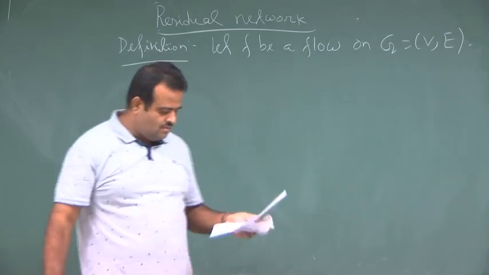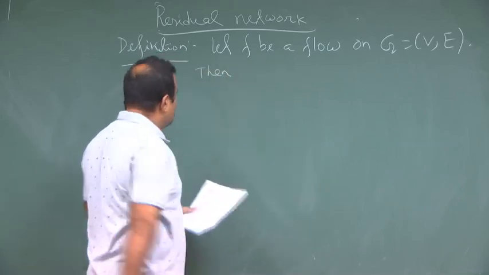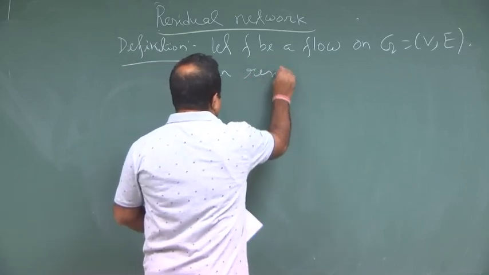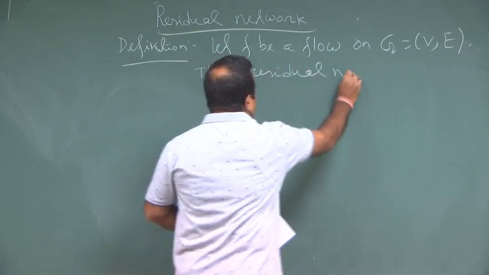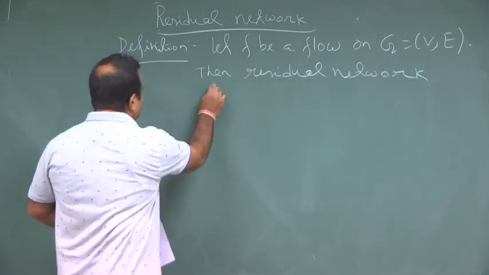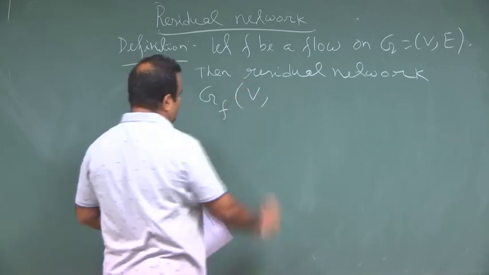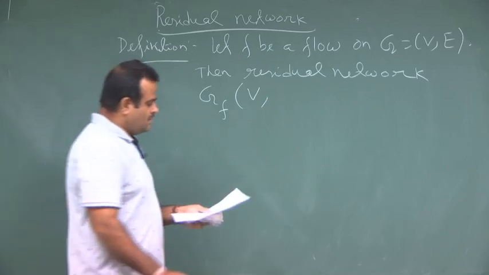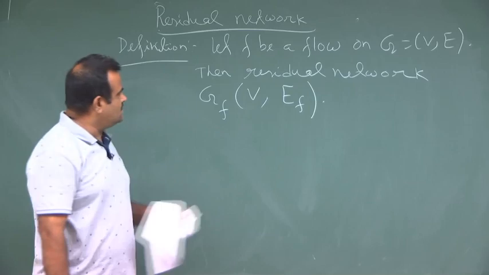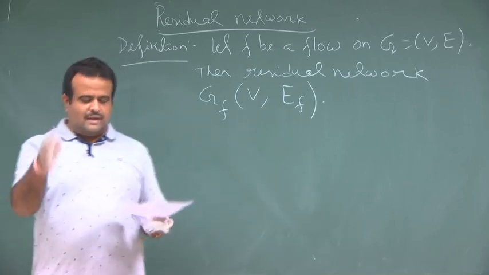Now, we define the residual network, which is another graph denoted by G_f, whose vertices are the same, but for the edges we have E_f, because this has different edge weights and we may have different edges also.